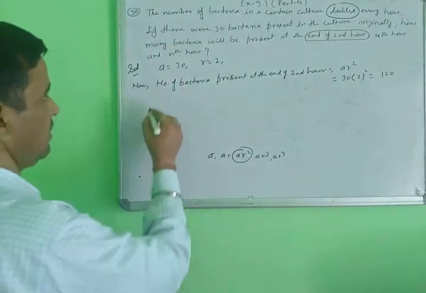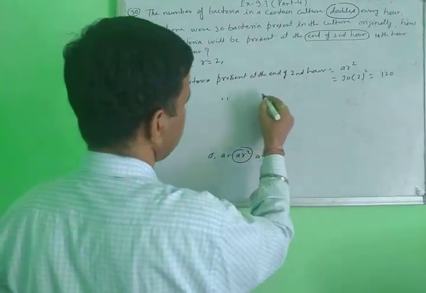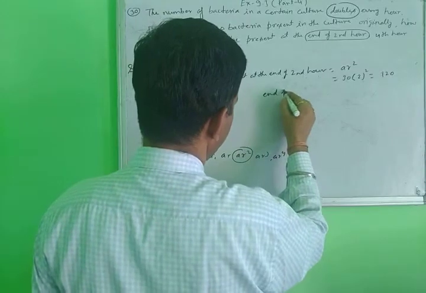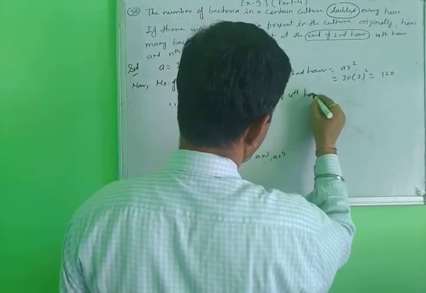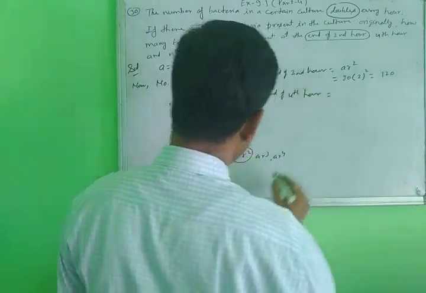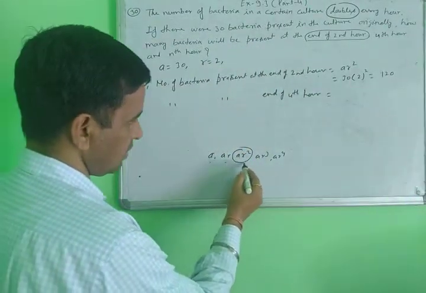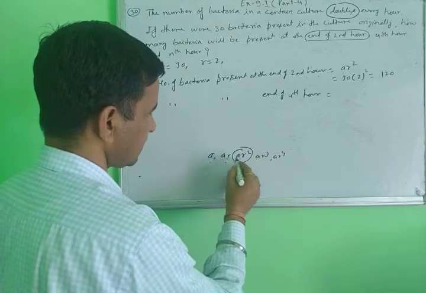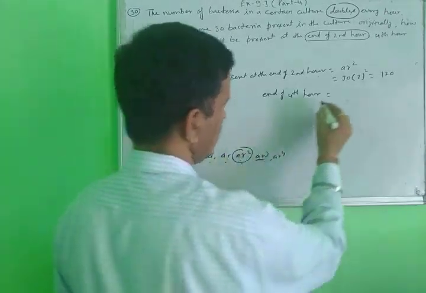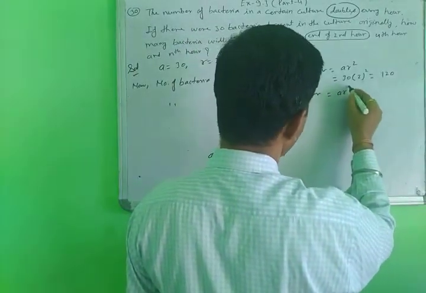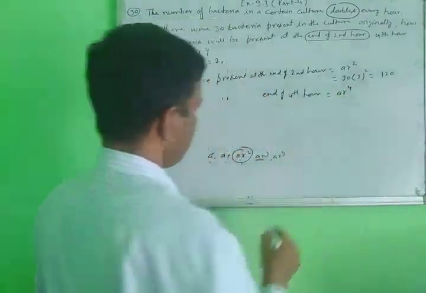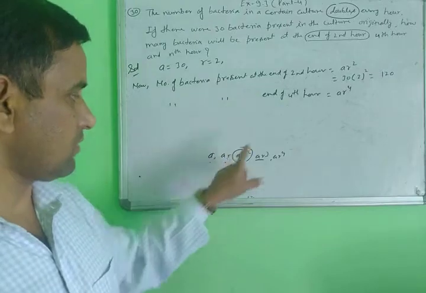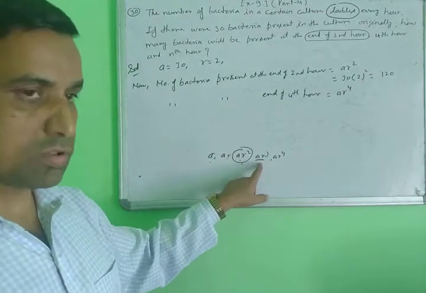Same thing, number of bacteria present at the end of the fourth hour equals, now look here: first, second, third, fourth hour, then fifth term, AR4.